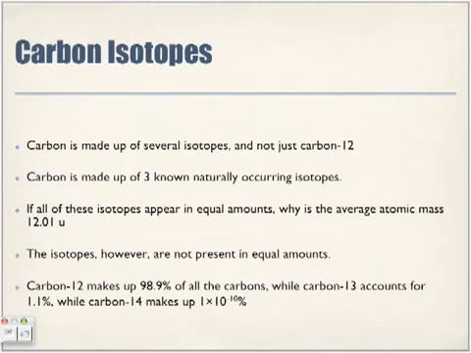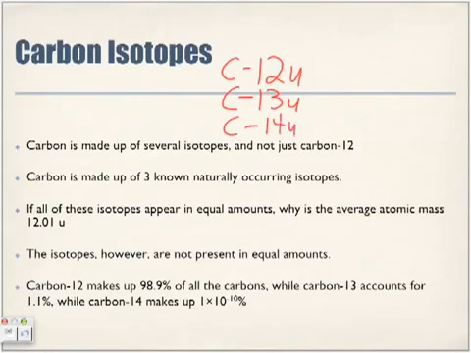Okay, because if we look at the different carbons, we have carbon that has 12, we have the carbon-13, and we have the carbon-14. If you were to find the average of all 3 of these atomic masses, what would be the average? 13, right? 13.